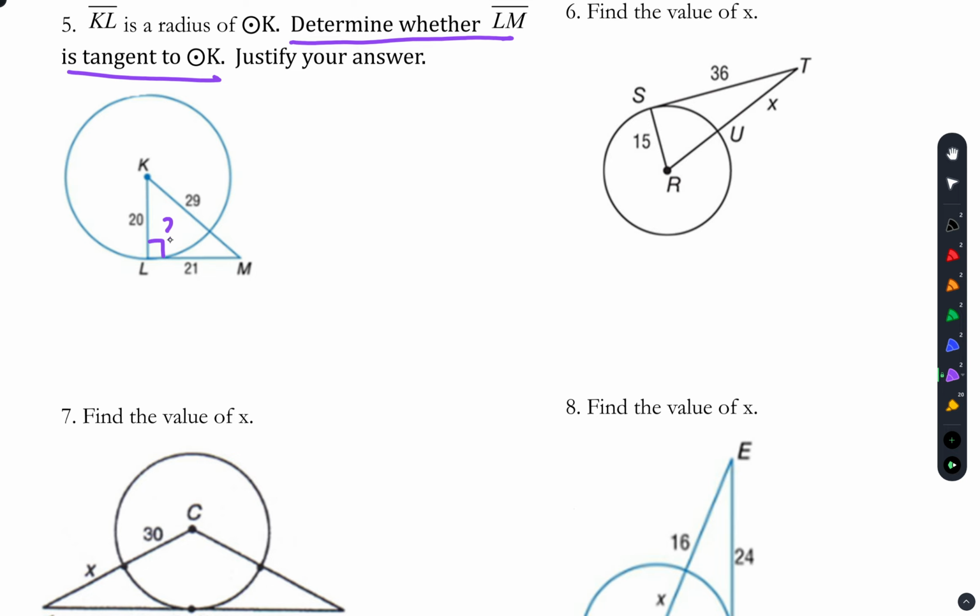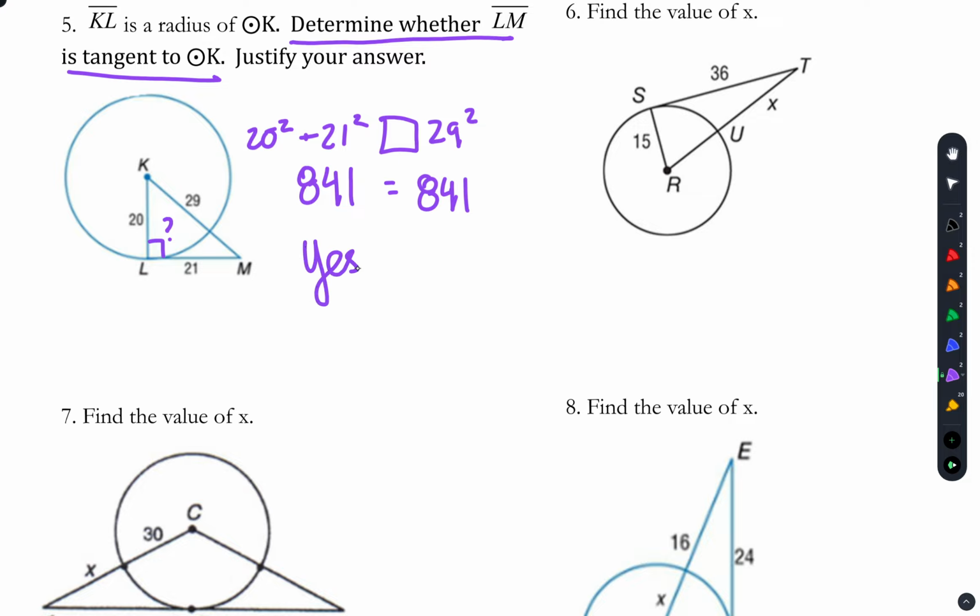Well, how do I determine if something is a right angle? I'm going to go back to my stuff from Unit 9 vocab, and I'm going to figure out, are these three numbers a Pythagorean triple? Do they form a right triangle? So I'm going to set these values up. 20 squared plus 21 squared. I want to know if that equals 29 squared, and I believe both sides do equal 841.